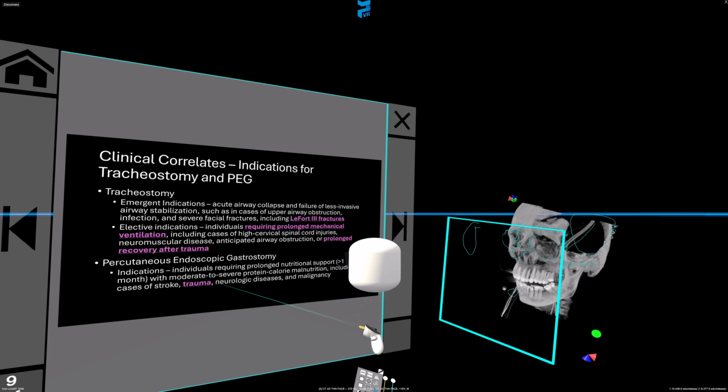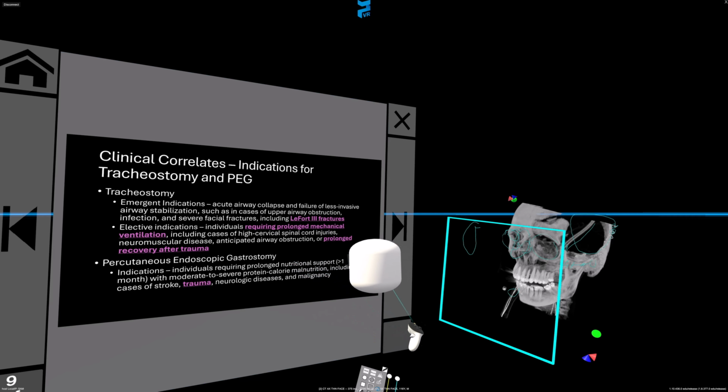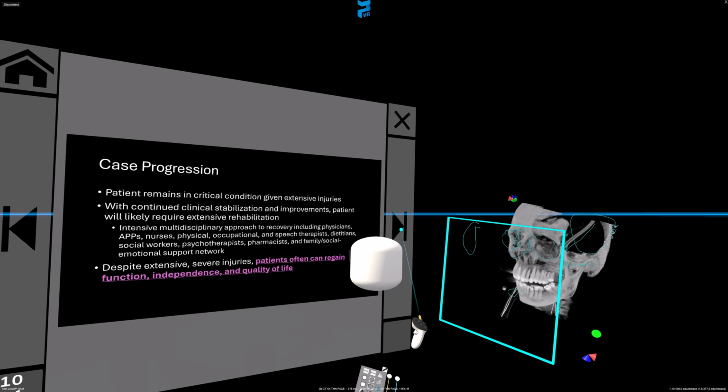And finally, because of the trauma and requiring prolonged nutritional support, the patient also had an indication for the PEG tube. And then finally, the patient remains in critical condition in the ICU given the quite profound extent of injuries.